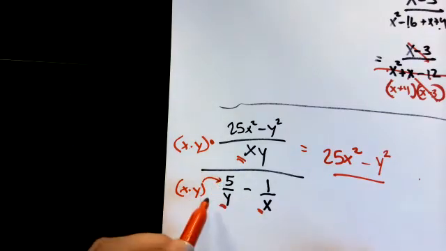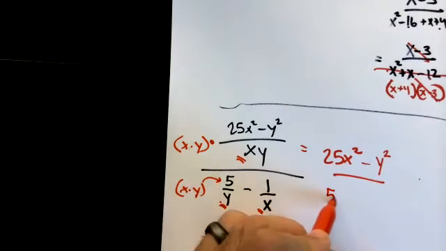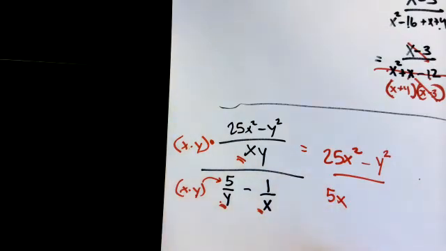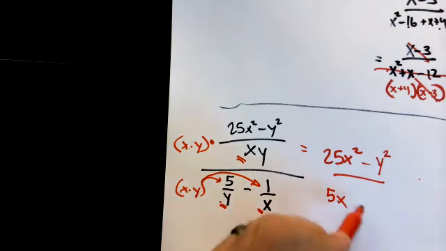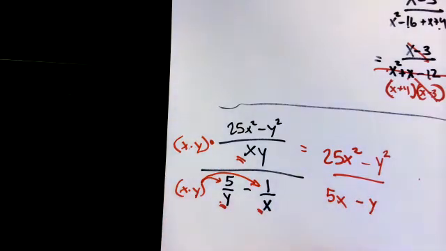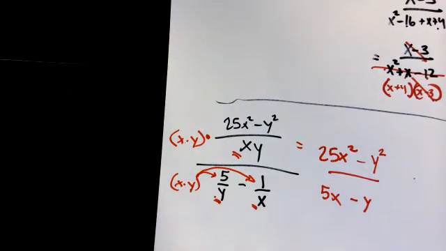When I multiply to this one, the y's cancel. So that leaves me with 5x. When I multiply to this one, the x's cancel. That leaves me with 1y. And to see if this simplifies, I got to see if anything factors.